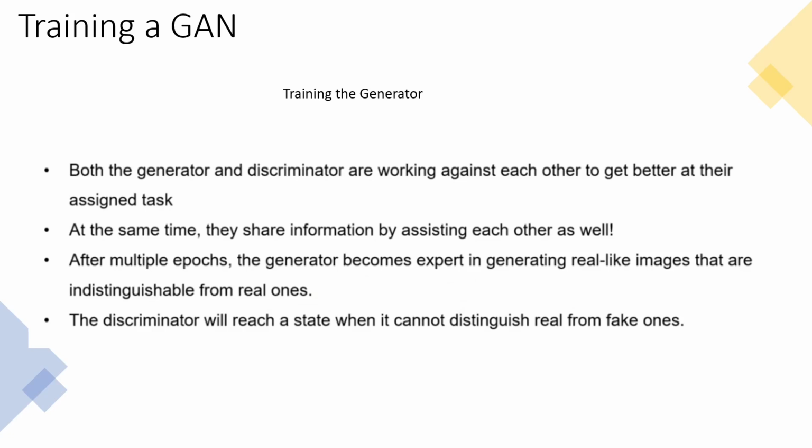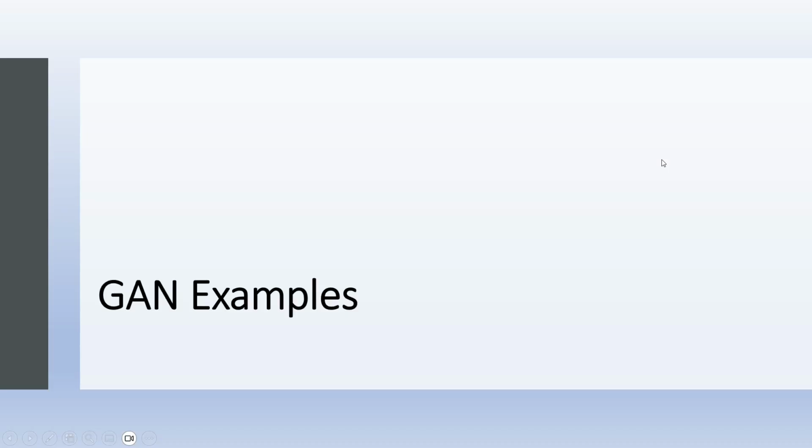After multiple epochs, the generator becomes an expert in generating images that are indistinguishable from real ones, and the discriminator will reach a state where it cannot distinguish the real from fake images. That's how you define a GAN, and that's the idea behind GANs. Now let's first see some real-life examples of where we use GANs, and then we will work on the hands-on example.